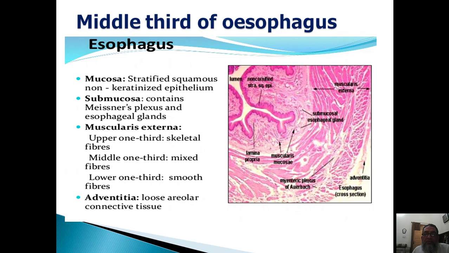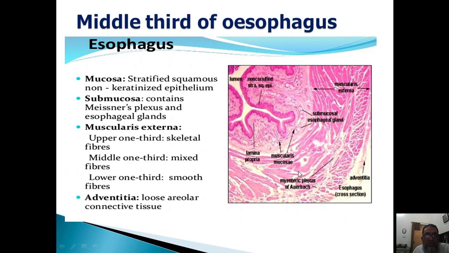So double muscle layer. In some places it will be skeletal, and in some places it becomes smooth in type. So both the muscle varieties, skeletal as well as smooth, are present in the middle third of the esophagus.